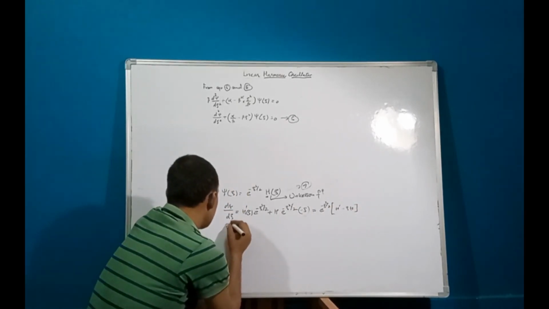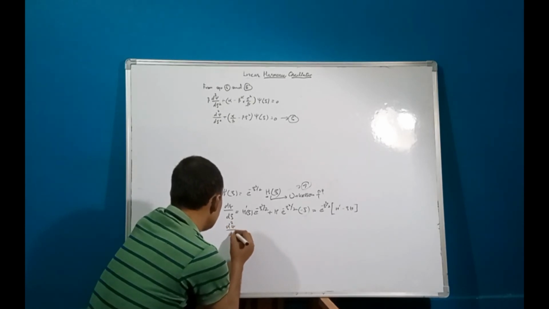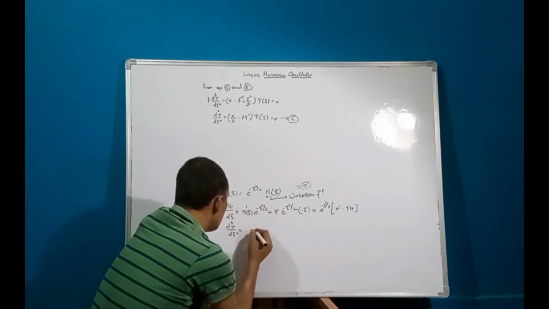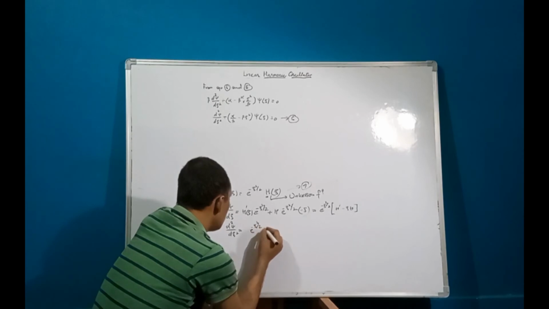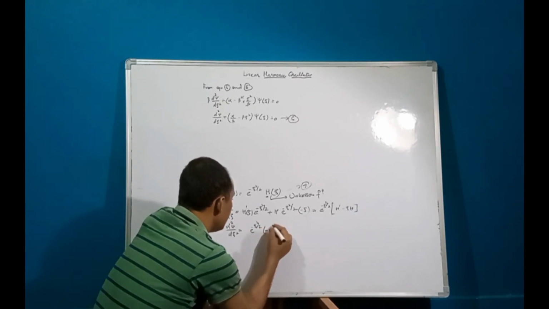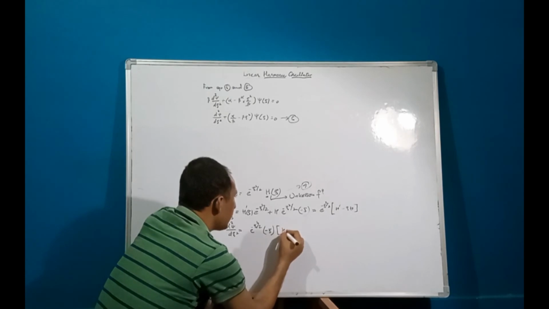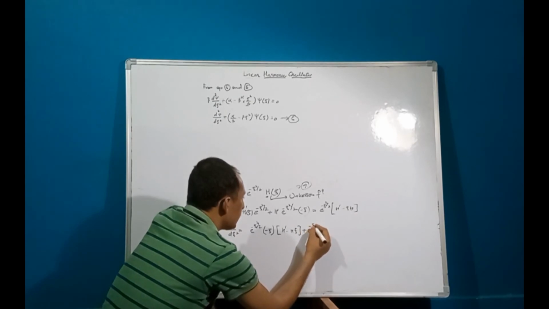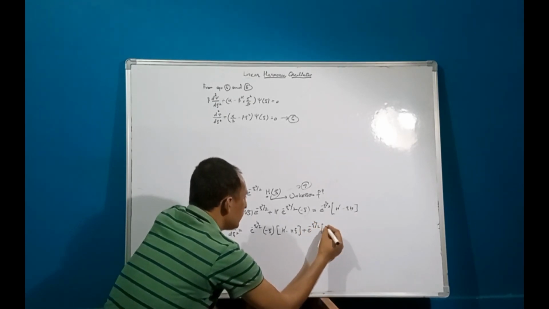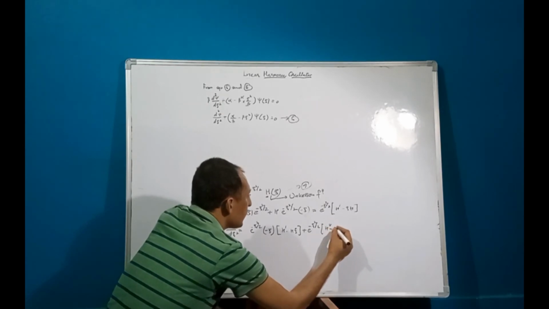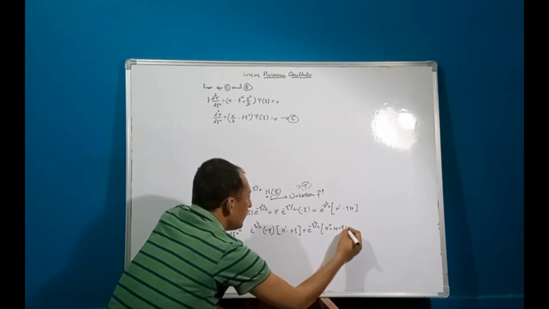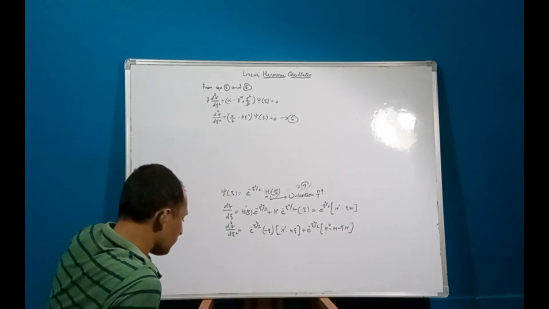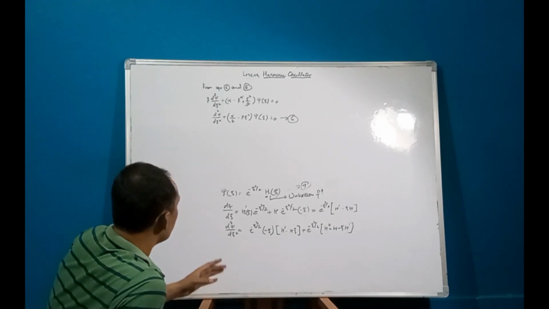Now differentiating this equation again, d2 psi over d xi square will be, if we differentiate e to the power minus xi square by 2, you will get e to the power minus xi square by 2 and then minus xi, that's what you will get, and here you will get h dash minus h minus xi h dash, and then again e to the power minus xi square by 2, and then if you differentiate this, h double prime minus h minus xi h dash. So this is going to be your equation. So this is the value of d2 psi over d xi square.